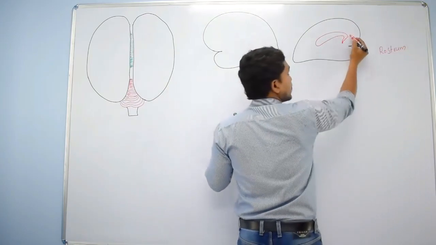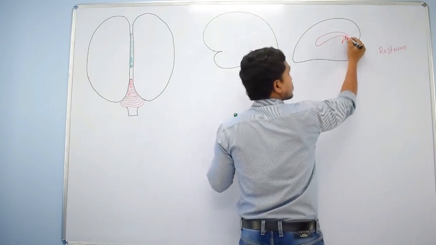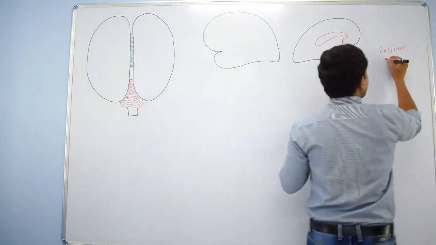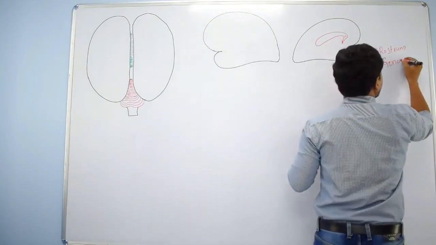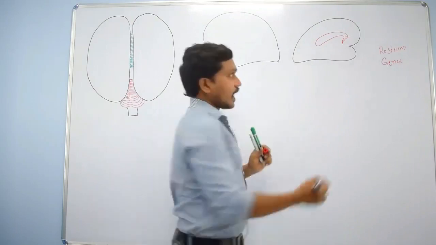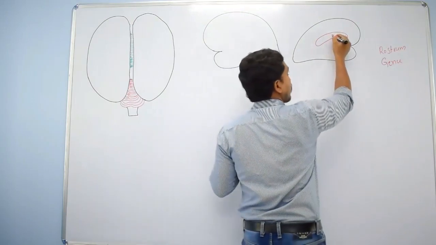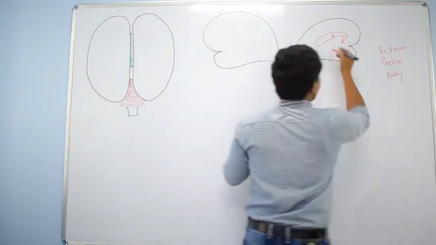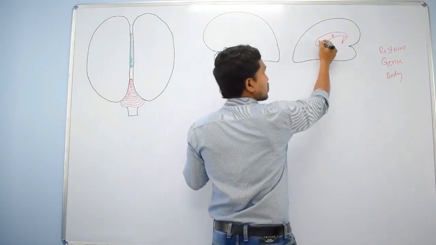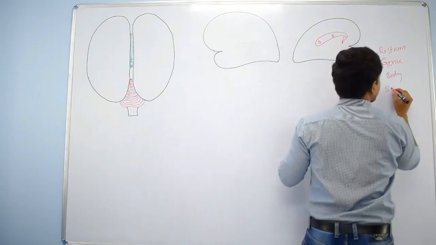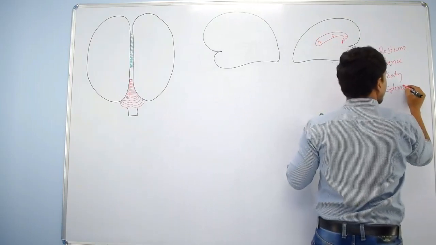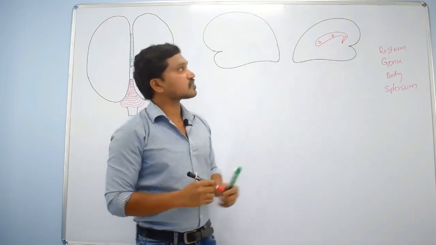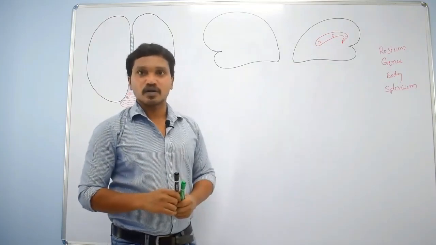And this bend is the genu. Genu means bend. And this middle part is the body. And this posterior-most part is the splenium. So these are the parts of the corpus callosum.